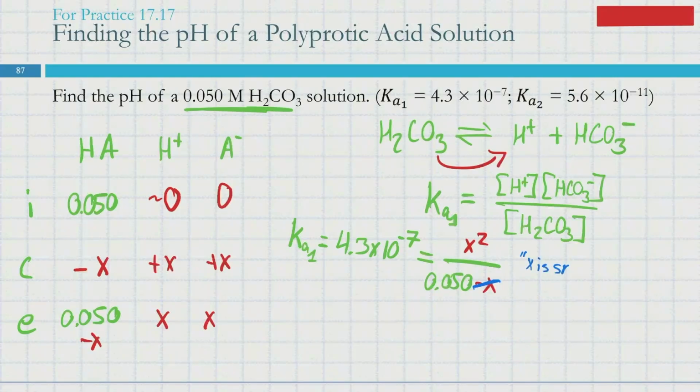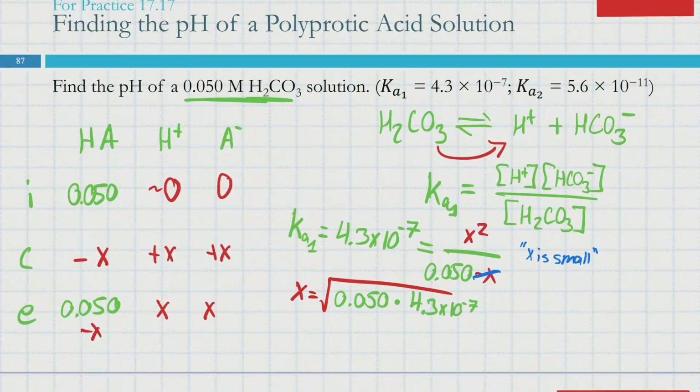So we'll get rid of that minus X in the denominator. And after a little bit of rearrangement, X equals the square root of our concentration of acid initially times our Ka1, which is 4.3 times 10 to the minus 7.